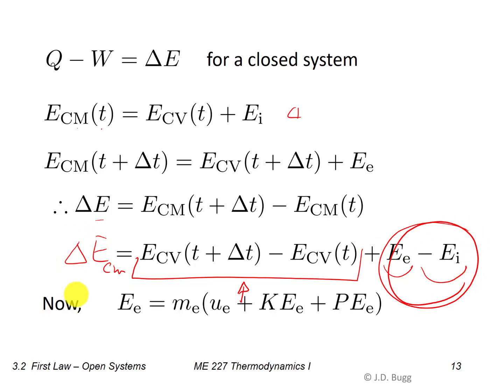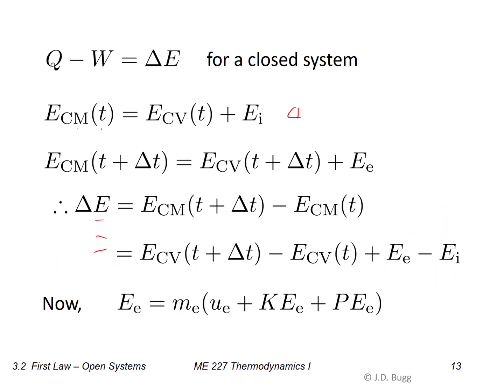So now we want to keep working with this, and we want to remind ourselves that each of these energies that we're talking about here, all of these capital E's, are total energy. And total energy is the sum of three contributions: internal energy, kinetic energy, and potential energy. The other thing that's happening in this line is that the total amount is being written as a product of the specific energy, so each of these is energy per unit mass multiplied by the mass.